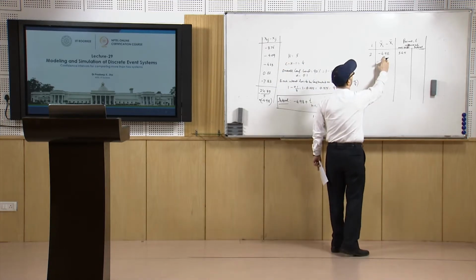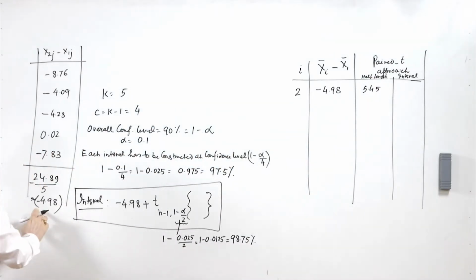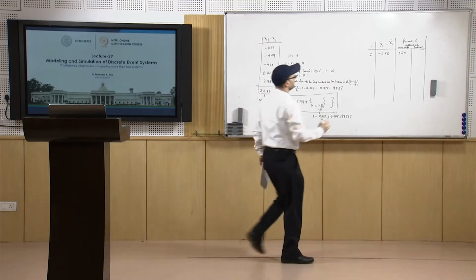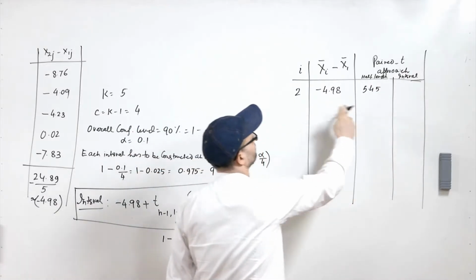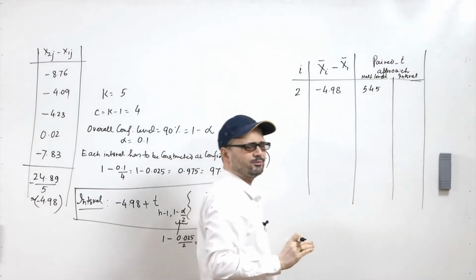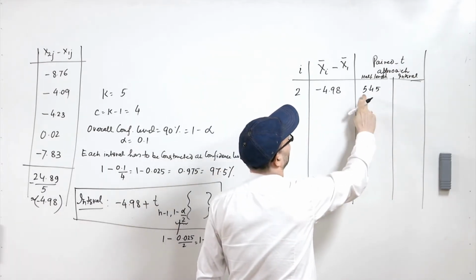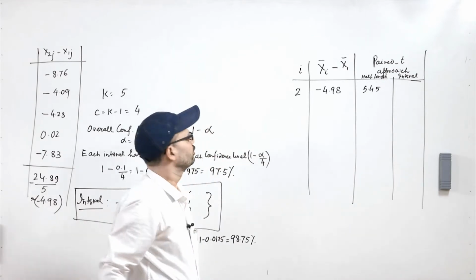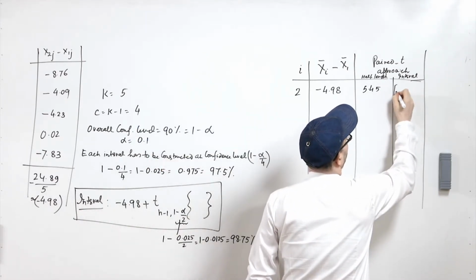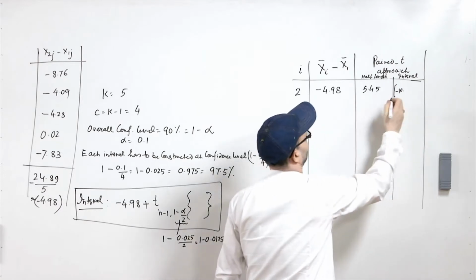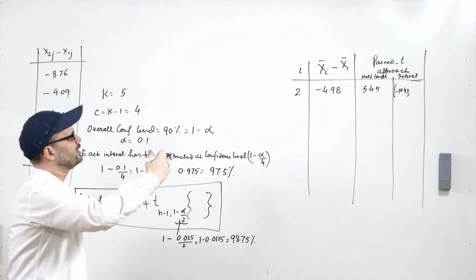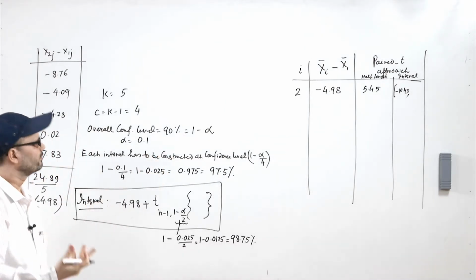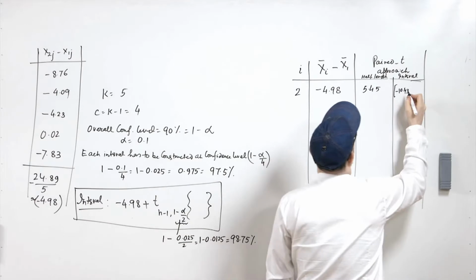This was the mean which we got here. Once we have got this half length, the lower limit will be minus 4.98 minus 5.45, so it will be minus 10.43, and the other will be minus 4.98 plus 5.45, so it will be 0.47.